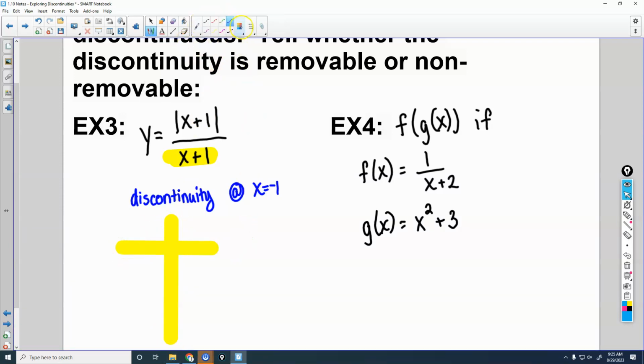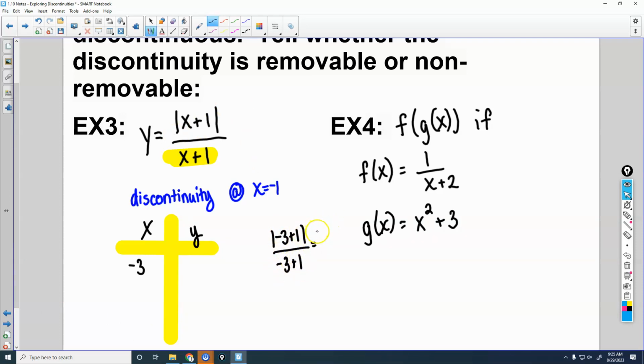So if I do X and Y here, if I plug in, let's say -3, I would have absolute value of -3 plus 1 over -3 plus 1.